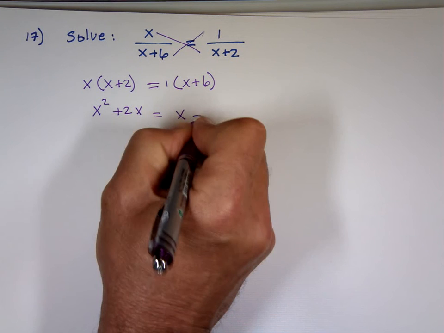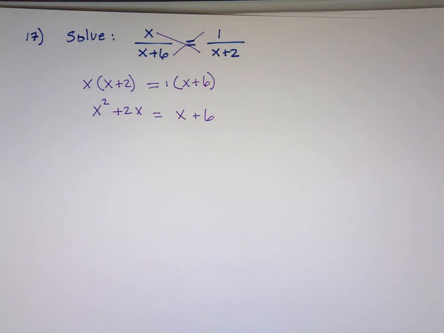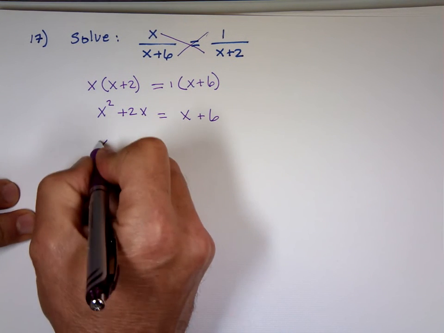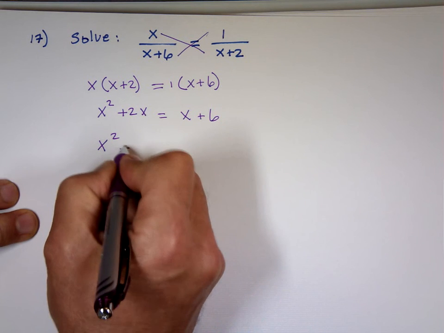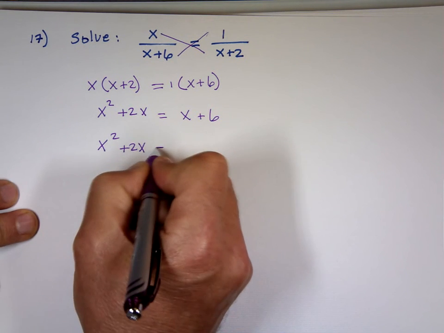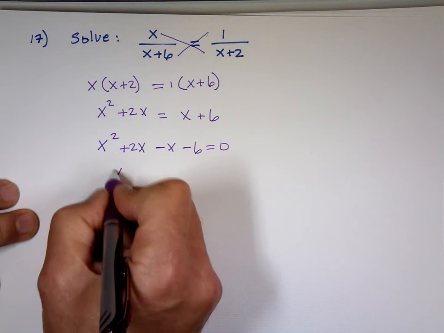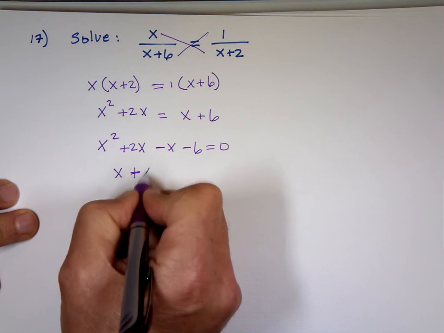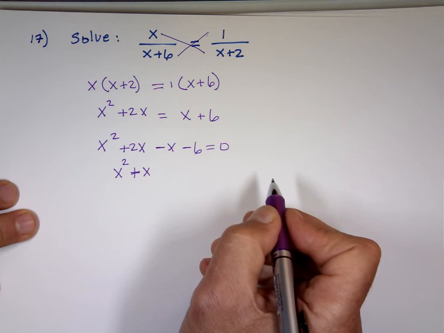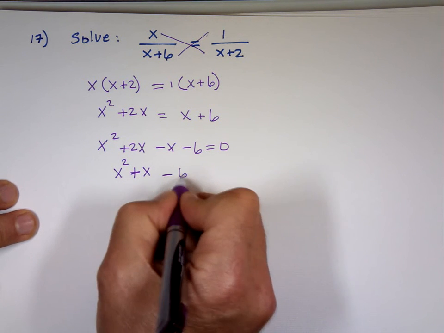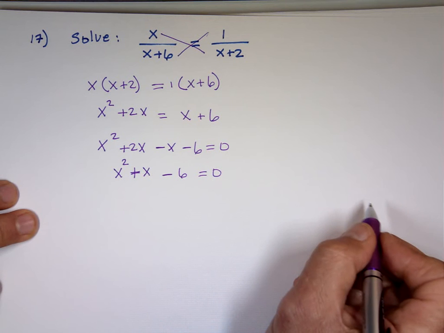Move everything to one side. That would be a negative x minus 6 equals to 0. X squared plus x minus 6 equals to 0. Factor that.